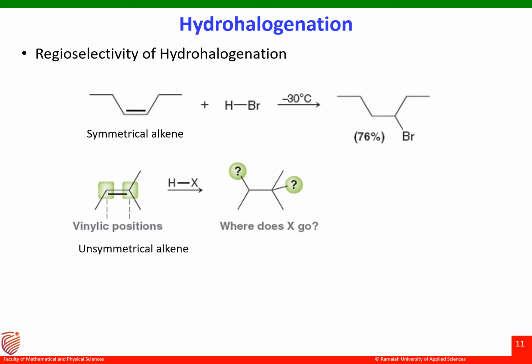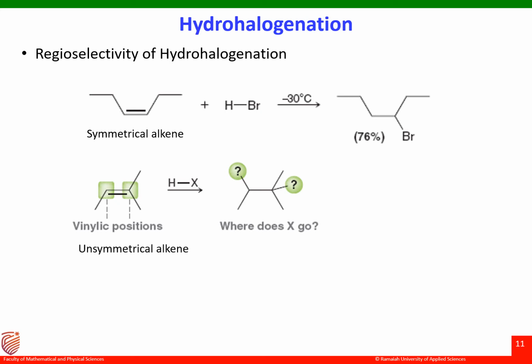The same when there is an unsymmetrical alkene, if I introduce a vinylic group at the second carbon here, then it becomes an unsymmetrical alkene. And with an unsymmetrical alkene, we have a question: will the electrophile add to the second carbon or will it add to the third carbon? So the two green shades that have been indicated, where will the halogen be added across?